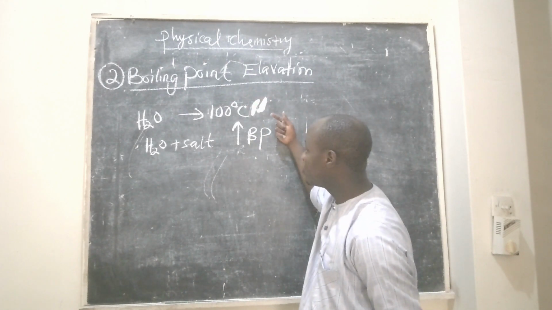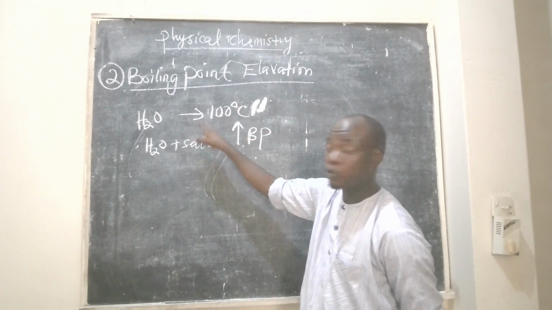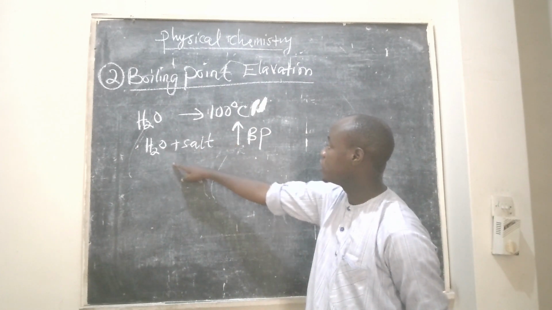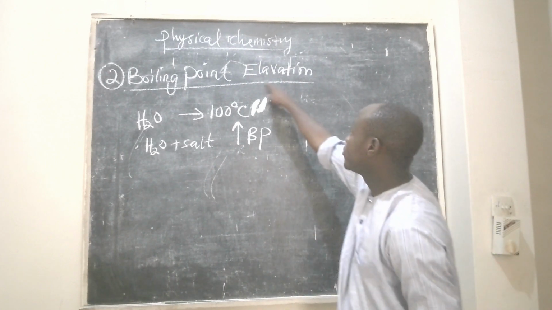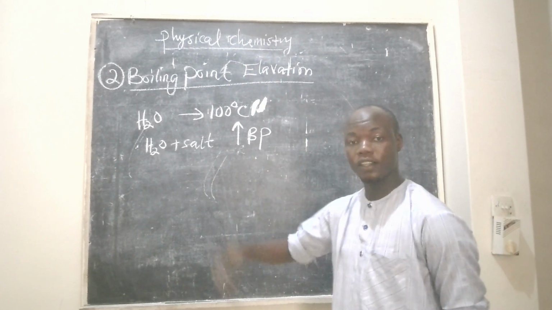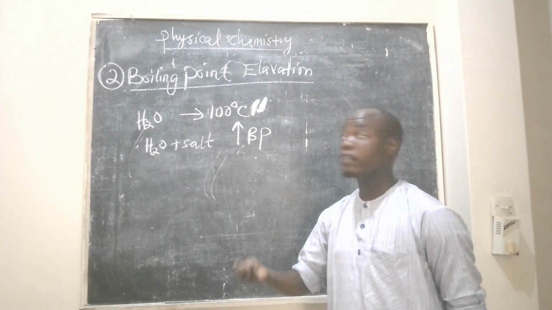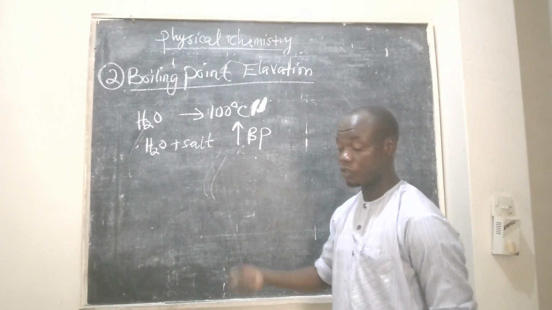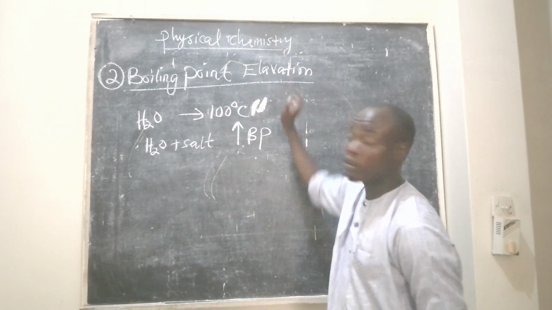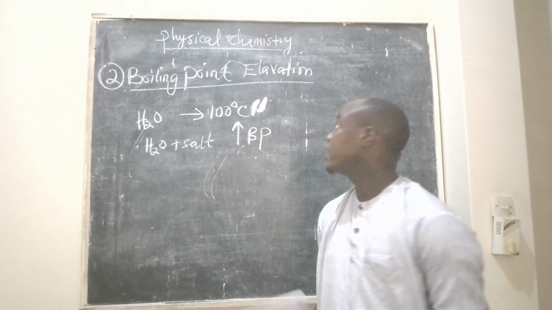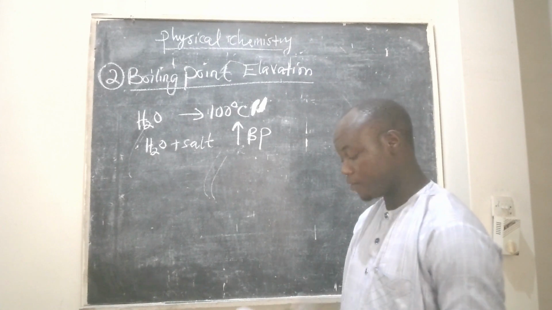An increase in the number of solid particles in a solvent leads to an increase in boiling point. As you increase the concentration of the solid particles, there will be an increase in the boiling point, and that is why it's called boiling point elevation.